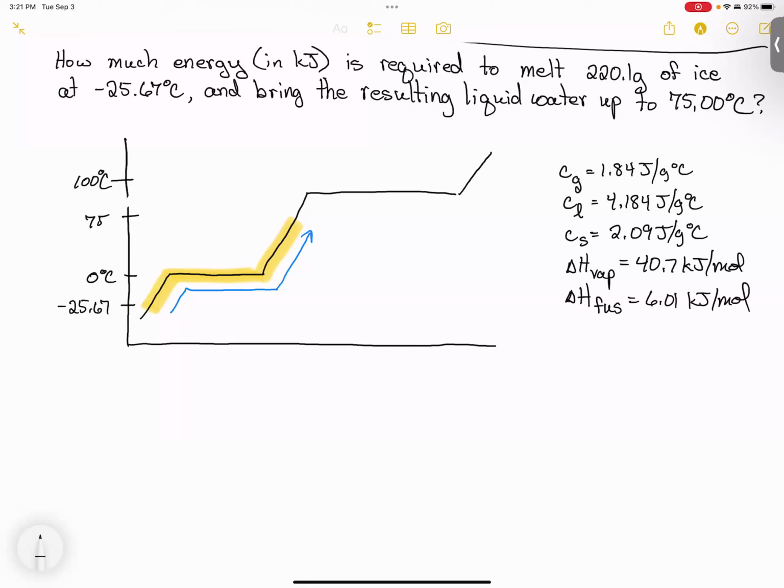Now, if we go back to my labeling, we are in sections 1, 2, and 3, but we don't need sections 4 and 5. So we're going to have 3 major calculations here.